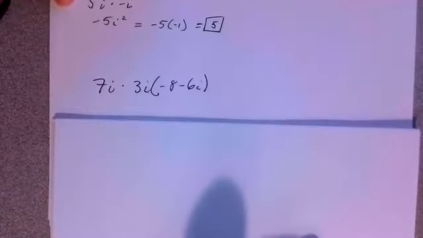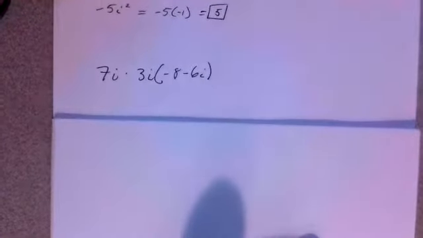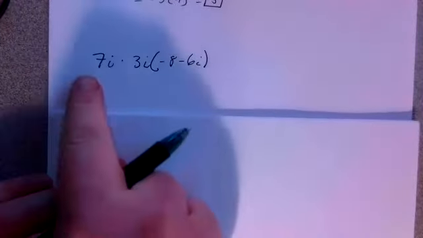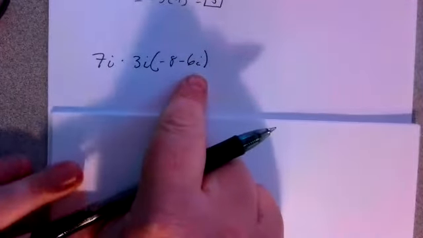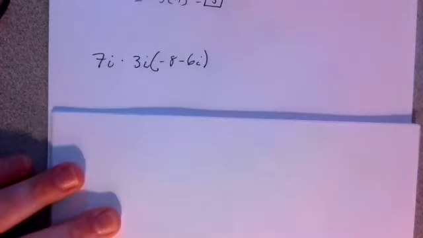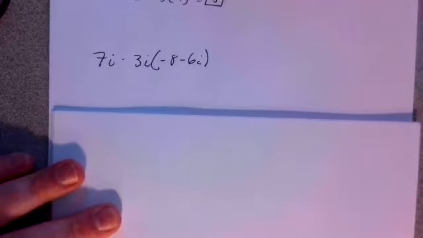All right, let's take a look at another multiplication example. Here I have 7I times 3I times (-8 minus 6I). There are 3 complex numbers here. You can handle this in a bunch of different ways, and I suggest maybe trying a different way than I do it so that you can get to the same answer and show yourself.